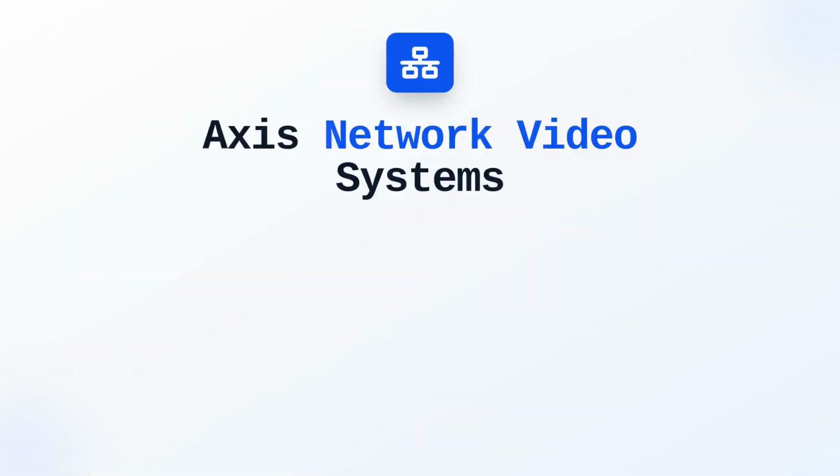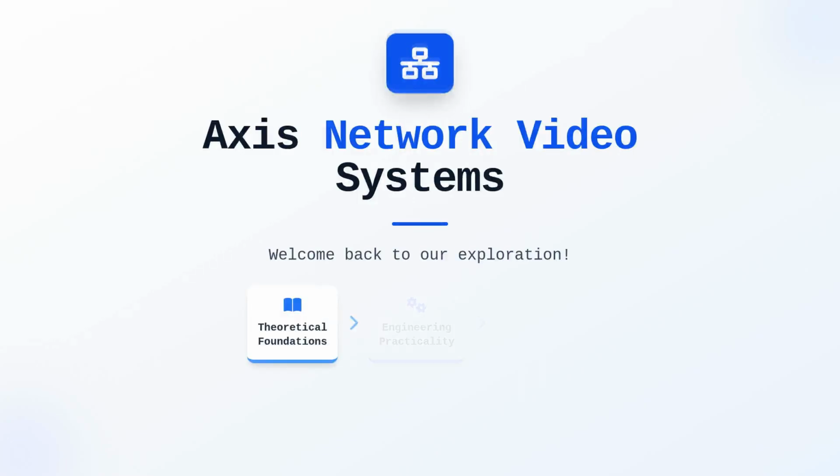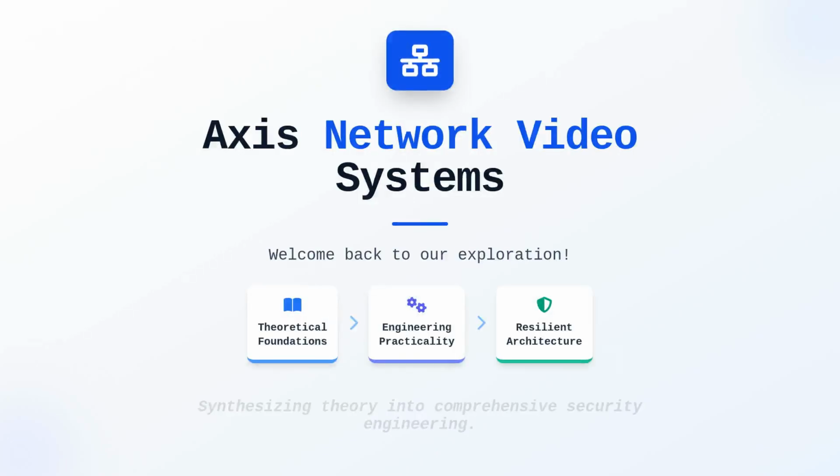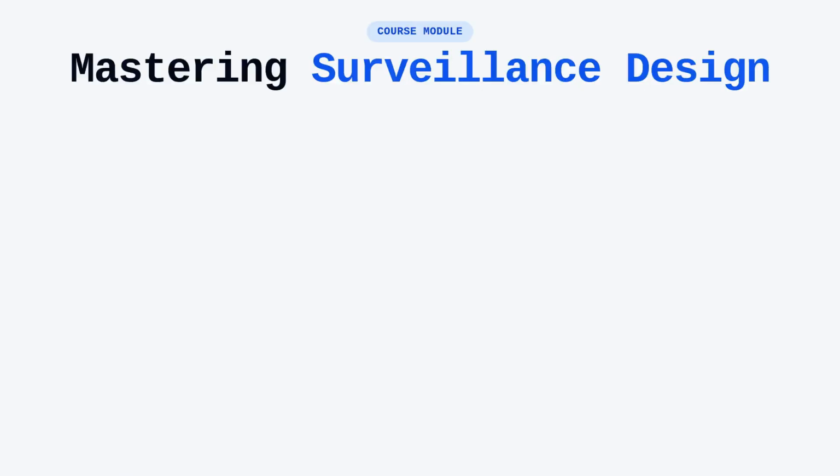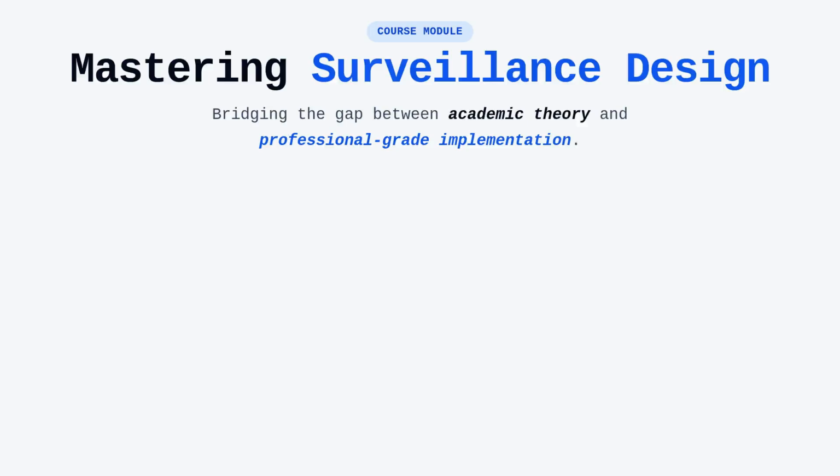Welcome back to our exploration of access network video systems. In this chapter, we will synthesize our previous theoretical foundations to engineer practical, comprehensive, and resilient security architectures. If you are aiming to master the intricacies of surveillance design, this module is your bridge from academic theory to professional-grade implementation.